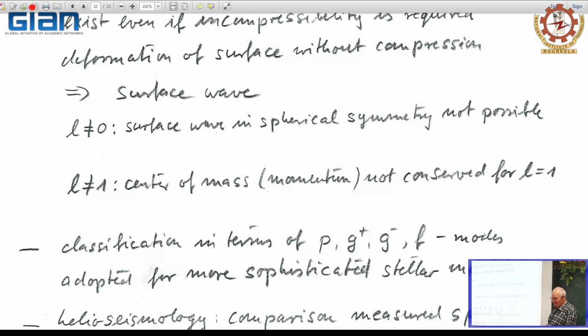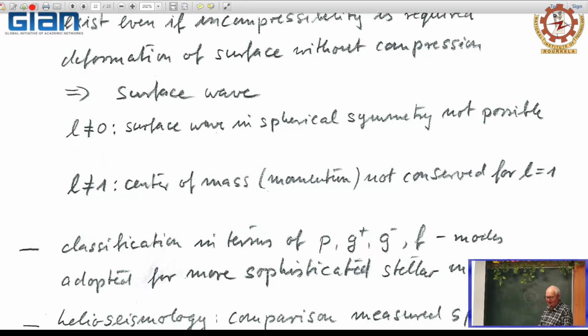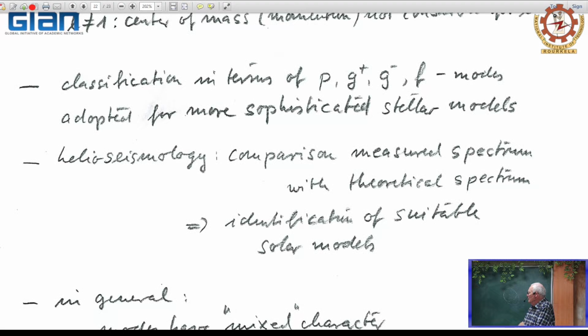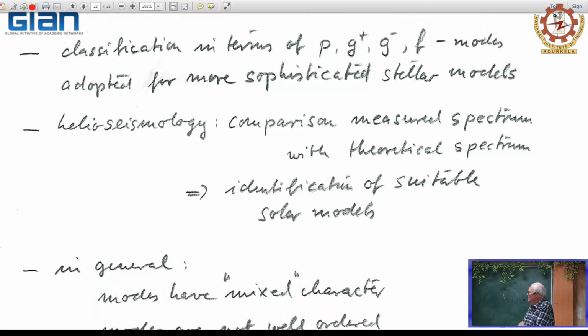But one should keep in mind this classification is coming from very idealized, simplified models, and it's by no means justified in a strict mathematical sense to adopt this classification for more sophisticated stellar models. Okay, the rest I've already commented on.